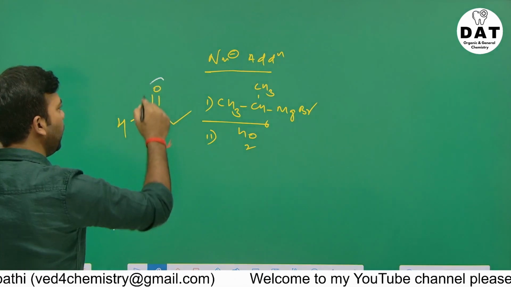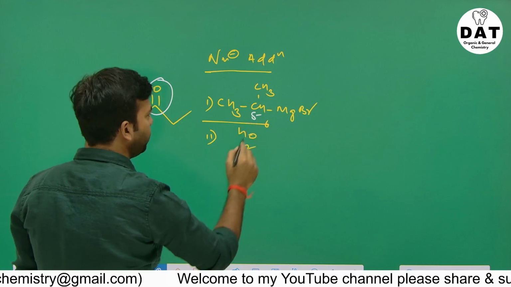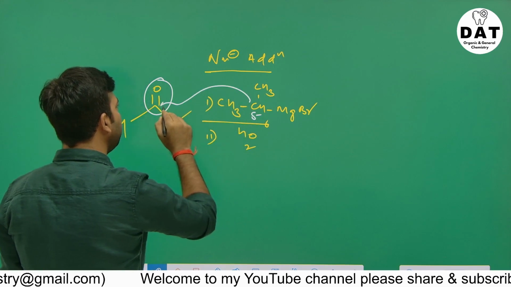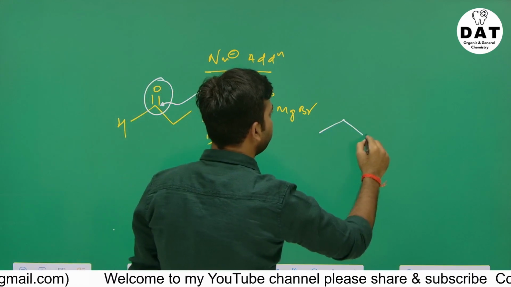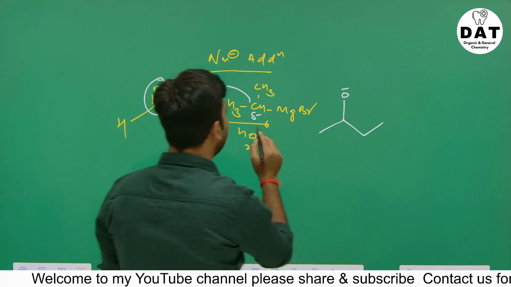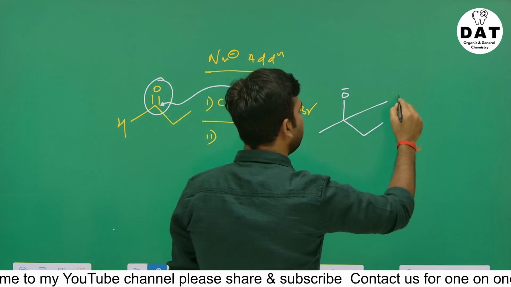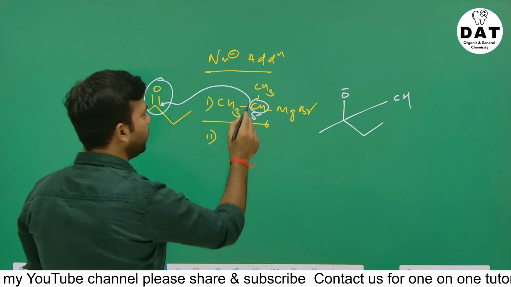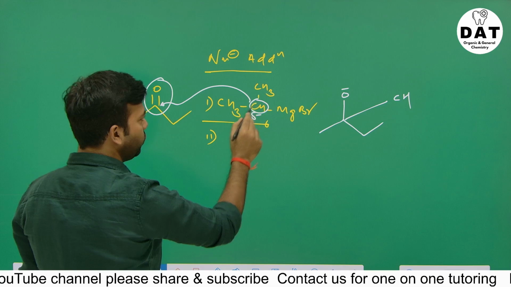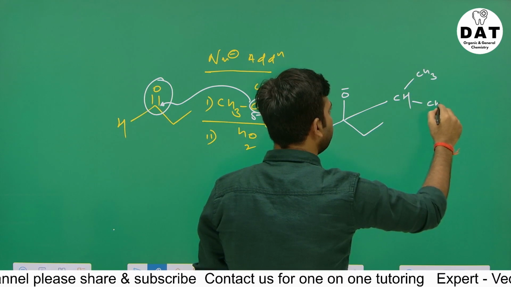This is the attacking site, CO, and this is my nucleophilic carbon. So it attacks this carbon like this. Here we have O negative, and look at this nucleophilic carbon, it is CH. So you can draw CH, and now look at the rest of the connectivity with the CH. It has to have two methyl connectivity, so CH3 as well as CH3.